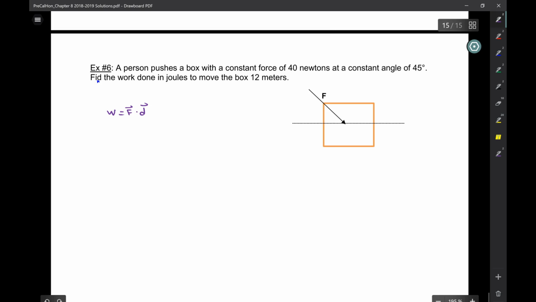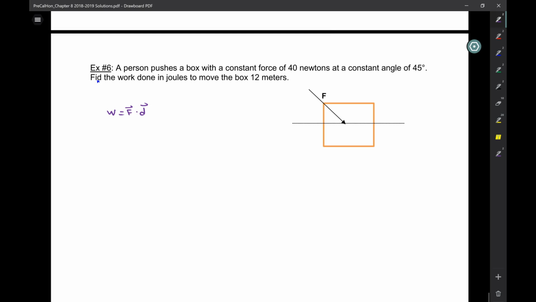So if force is a vector quantity and displacement is a vector quantity, when we take their dot product, that's work. Work then, is it a vector or a scalar? Scalar. When you take the dot product of two vectors, you get a scalar. So in physics, work is a scalar.